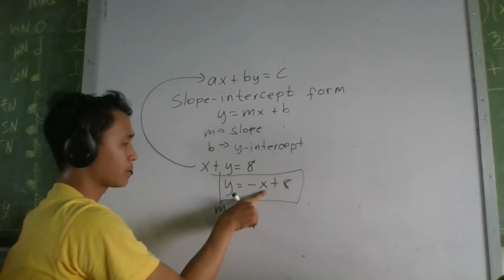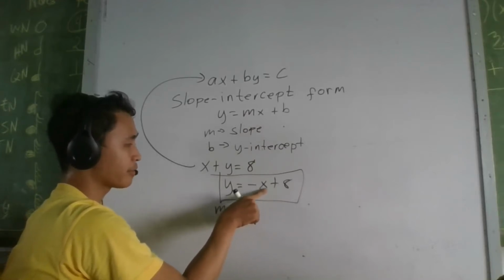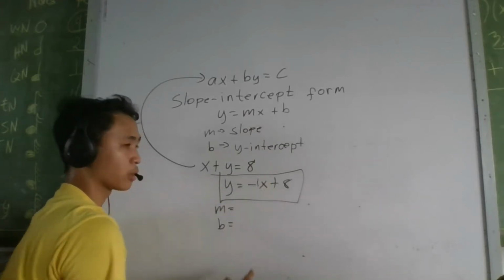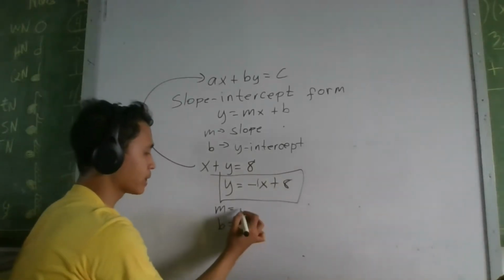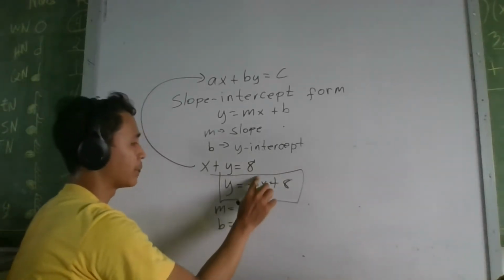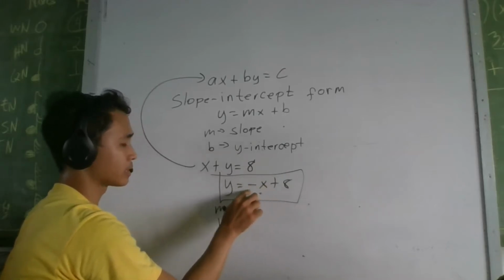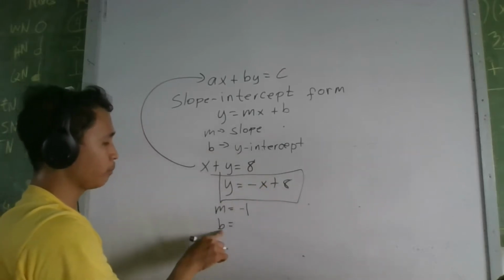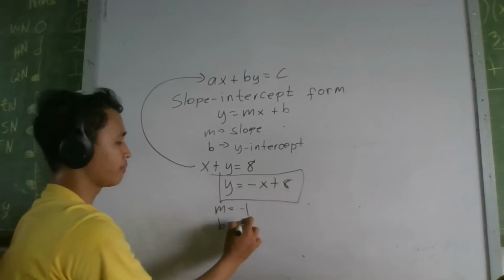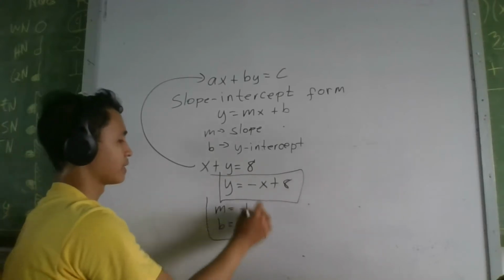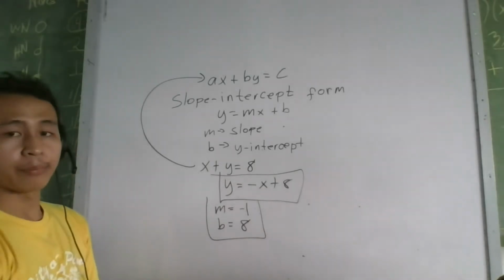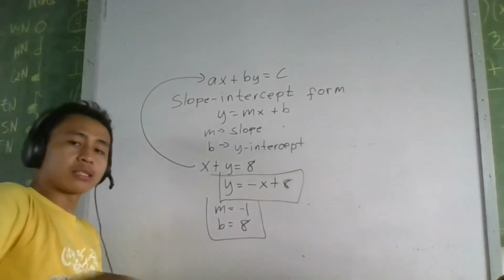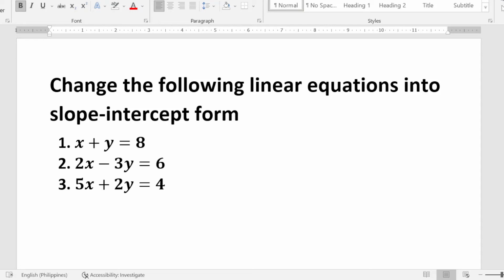Ano yung coefficient ng x? That is automatic 1. Kung walang nakalagay, that is understood as 1. So therefore, yung slope natin is negative 1. Ano yung b natin? b is positive 8. So there you have it. That's how we convert standard to slope intercept form. Let's go to another example.